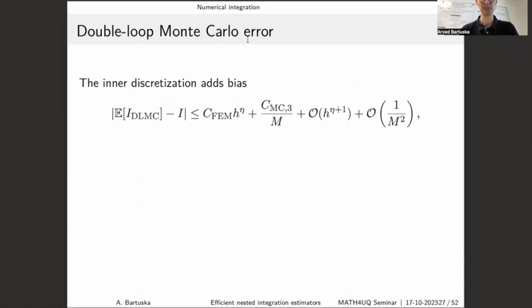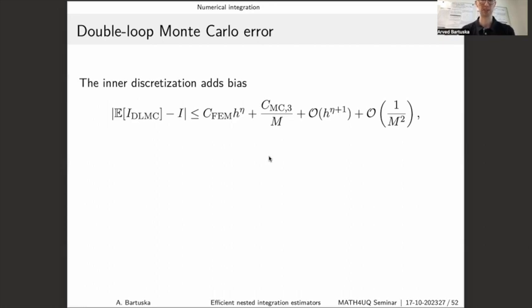For the double loop Monte Carlo estimator, as a reference, we have this finite element bias. We have the bias from the inner samples. This is what it's all about with the nested integral. Because of the nonlinearity of f, the outer integrand, we have a bias now. Usually Monte Carlo or randomized quasi-Monte Carlo estimators are unbiased.